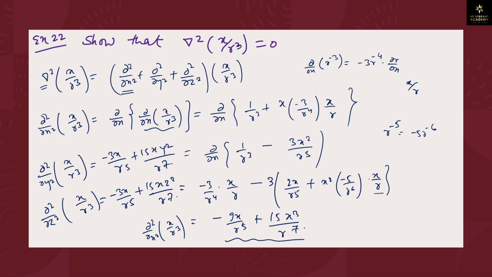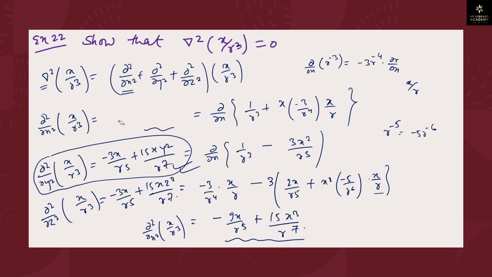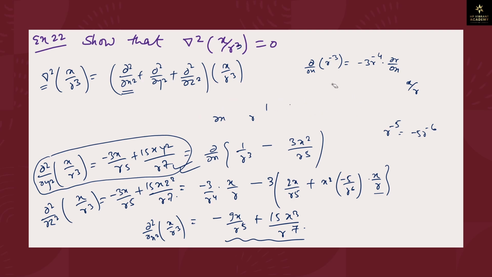Similarly, del square upon del y square of x upon r cube is minus 3x upon r to the power 5 plus 15x y square upon r to the power 7. And del square upon del z square of x upon r cube is minus 3x upon r to the power 5 plus 15x z square upon r to the power 7. So let us combine this. Let us add all these three expressions for getting the answer.